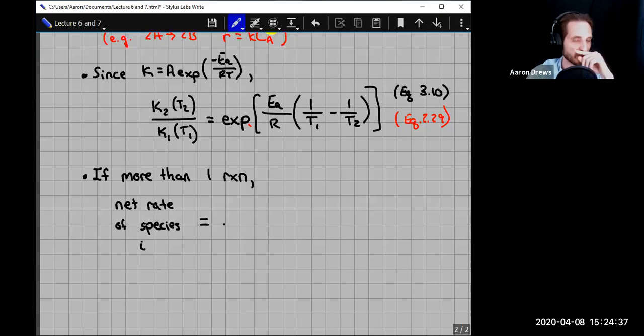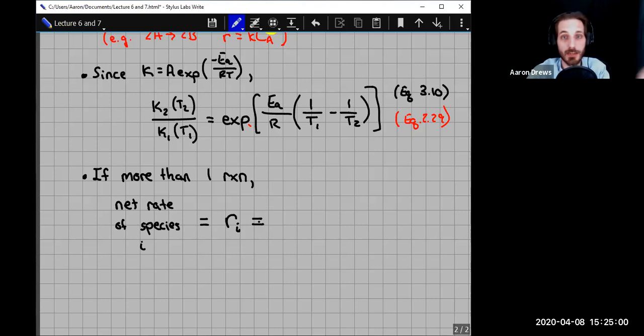is equal to, first of all, we call it the letter R sub I, right? So whenever you see the letter R sub I, the subscript is like a letter referring to one of the species. This is what we call the net rate of species I. And in fact, that occurs whether or not you're dealing with one or more reactions. But it particularly comes up with multi-reaction systems.